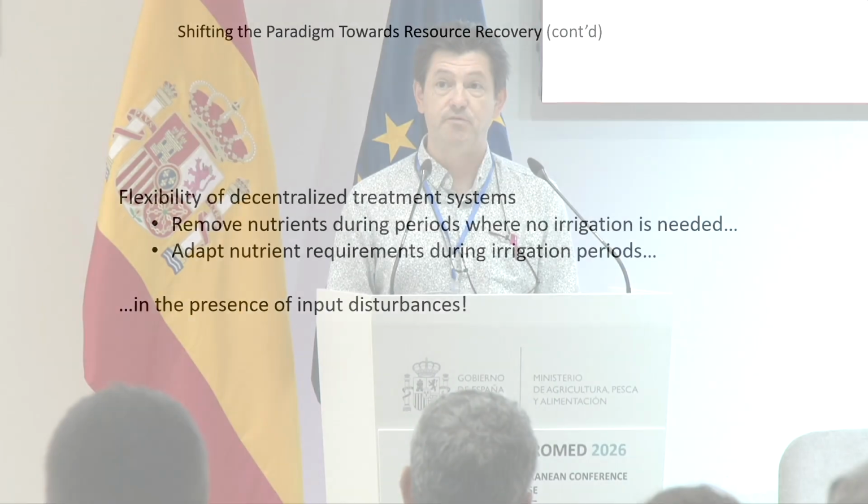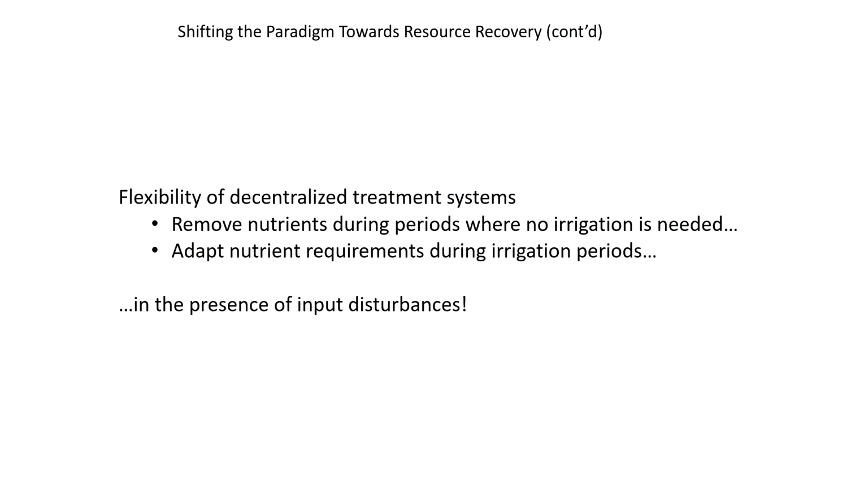This is precisely around the notion of flexibility of decentralized systems that allow us to keep some nutrients when it is needed and to remove them during periods where the irrigation is not needed. This is precisely what we try to do, in the presence of what we call input disturbances, which include the weather forecast, the weather data.